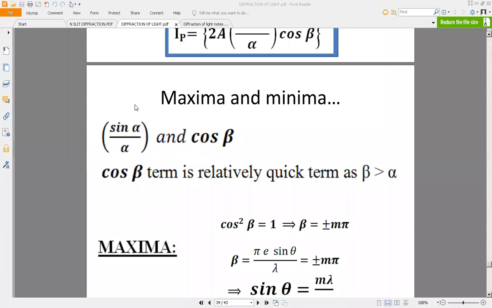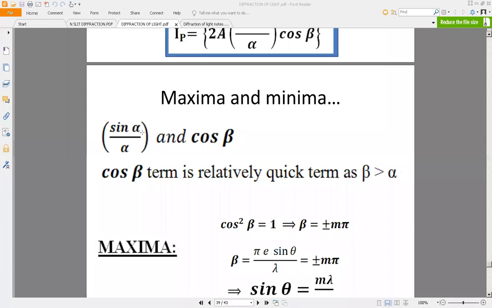As you already know about the maximas and minimas for sin alpha, let's focus on this cos beta. Why? I'll give you a simple example. Sin alpha by alpha, just now I said, is a slow moving term and this is a fast moving term, right? Our intensity is just the product of these two, f into g, let us say f of x into g of x, two functions. The product function of f of x and g of x will go to 0 if at least one of the functions goes to 0.